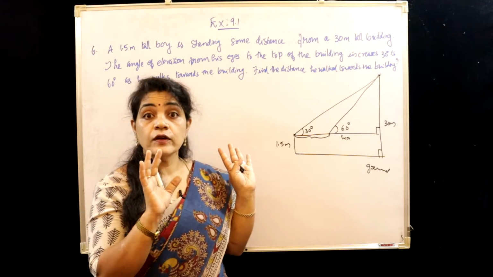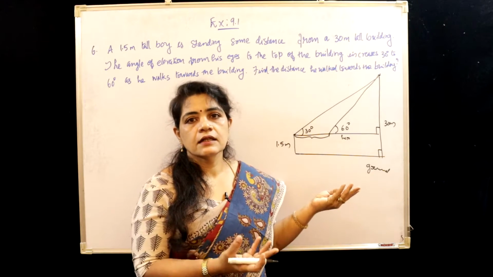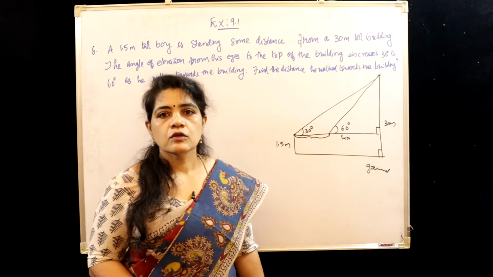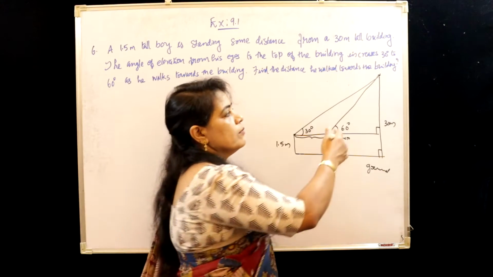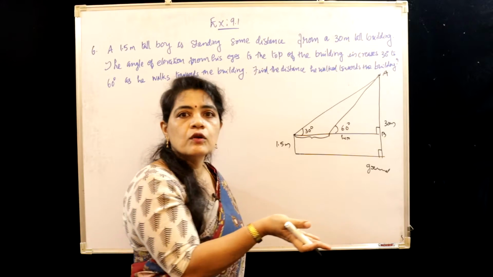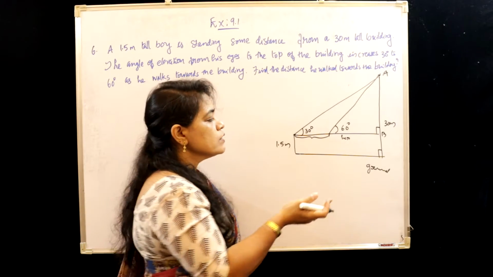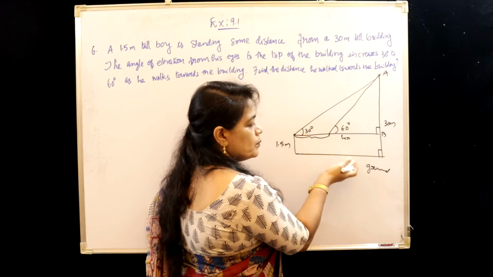This is very, very important, and after that you can just name and consider the right triangle so that you can easily solve the question. For that I am naming this A, B. We are not considering this ground level because we have drawn a horizontal level parallel to the ground, so no need to consider these positions.